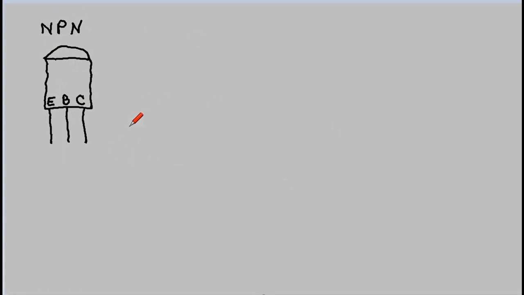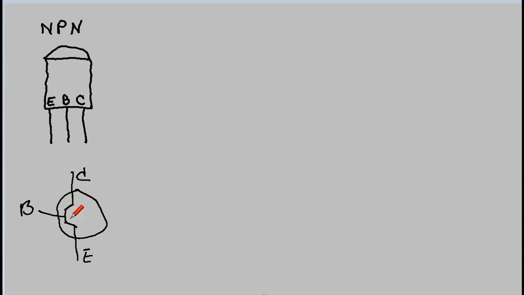Now schematically, what it looks like is this. We have our circle. And this line goes down here, over this way, down, over this way, and then down again. This comes out here. And we have our collector, our base, our emitter.